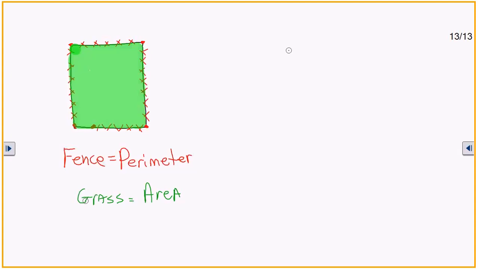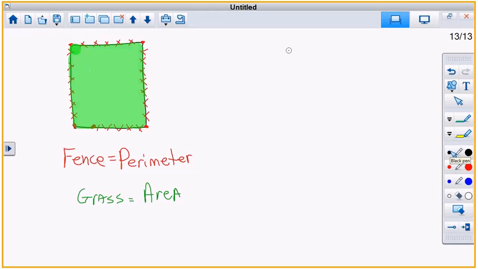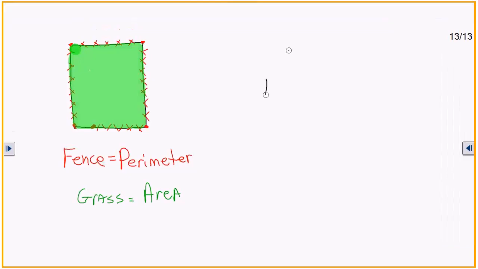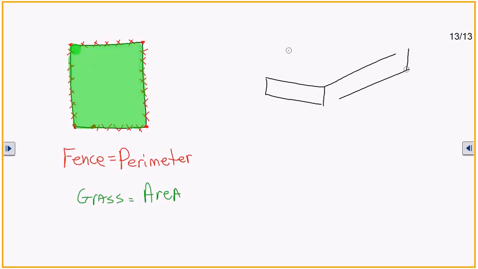Well, then we get bored with the cows and we sell the cows and the goats and the horses. And then we decide, you know what, I want to make me a pond with my property.